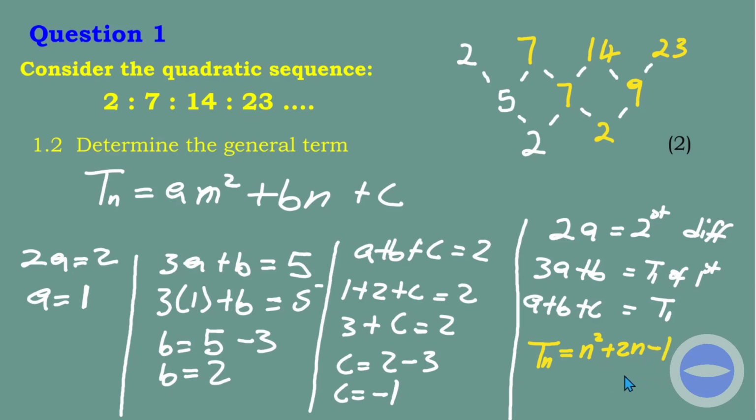So this is the general term of the sequence. This general term is used to find any term. Any term can be found using this general term.